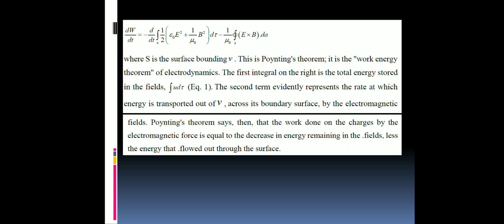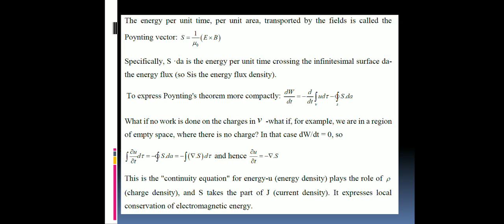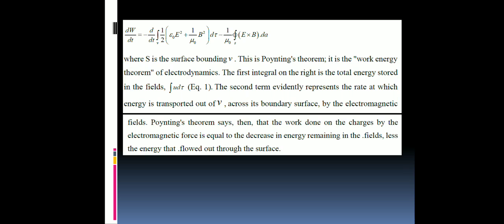The first integral on the right side is the total energy stored in the fields, integral U d tau, from equation 1. The second term evidently represents the rate at which energy is transported out of volume V across its boundary surface by the electromagnetic fields.